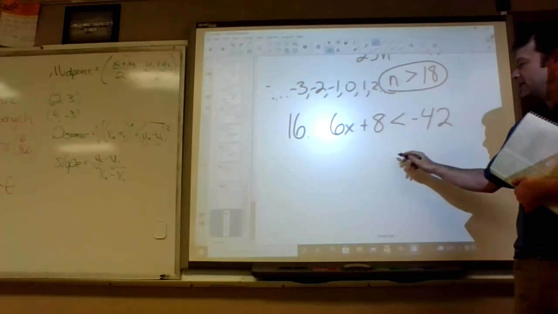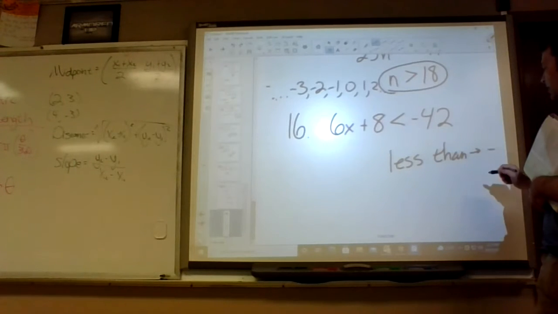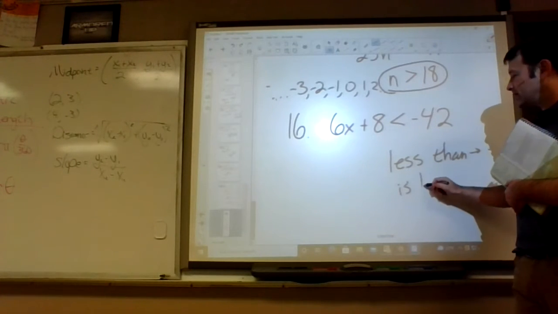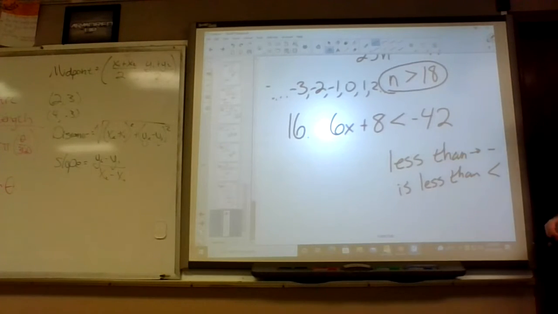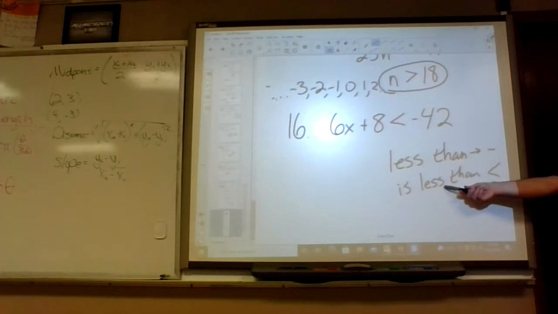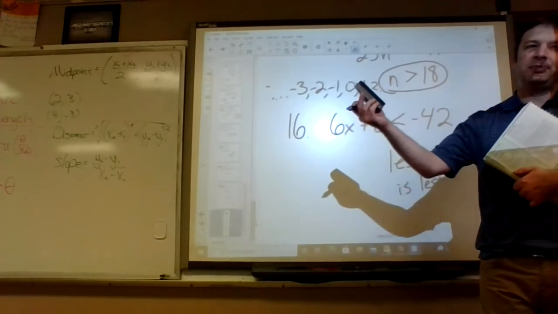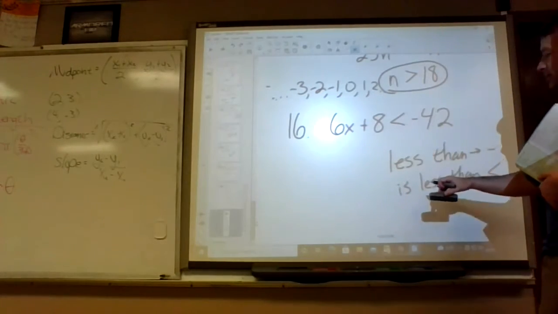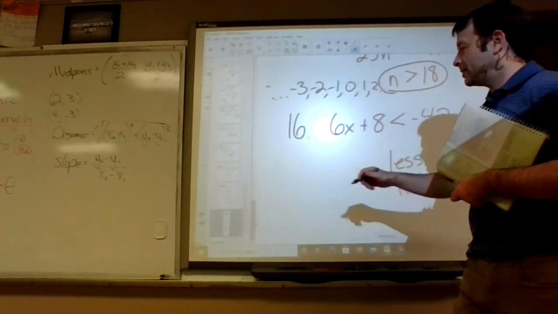So in this chapter, if you see is less than, it's probably going to be the less than symbol. Like 5 less than your age would be your age minus 5, right? But if I said 5 is less than your age, that means 5 is smaller.